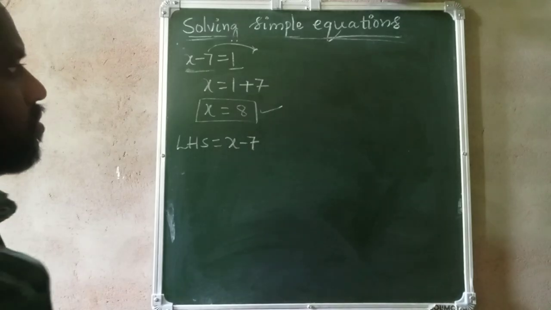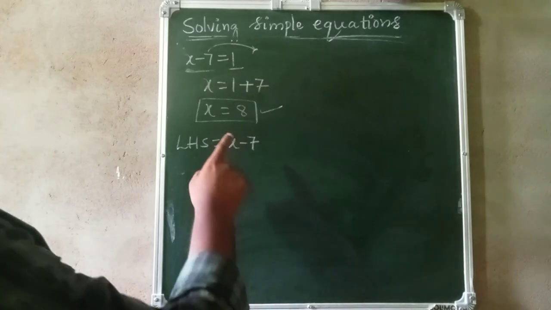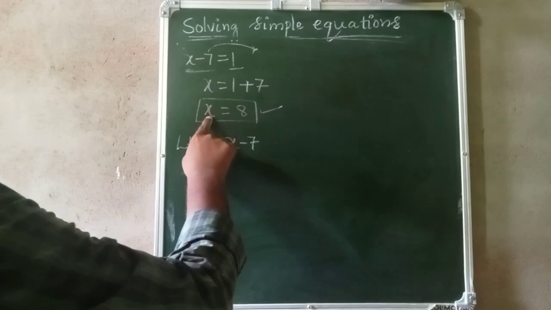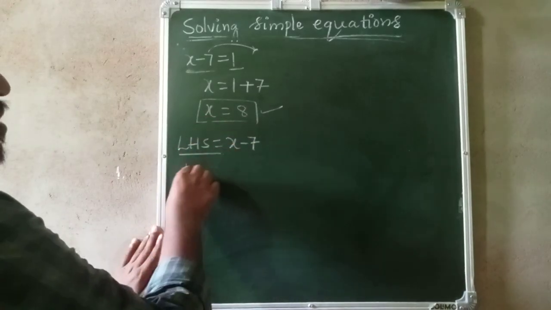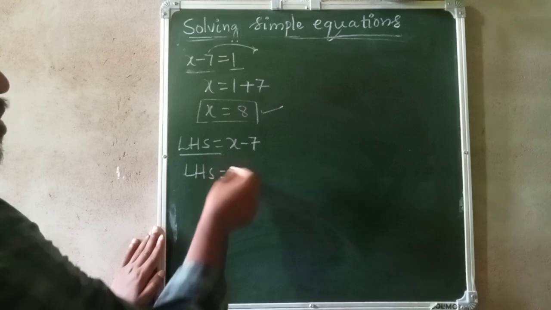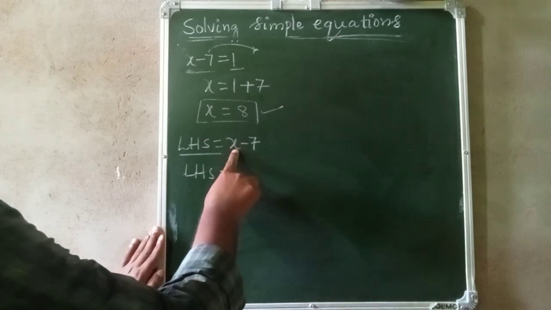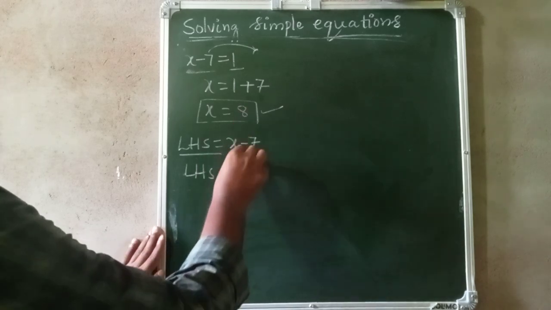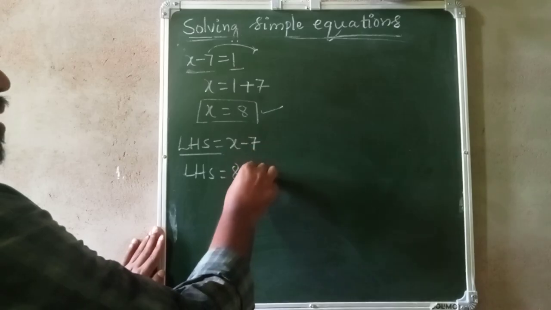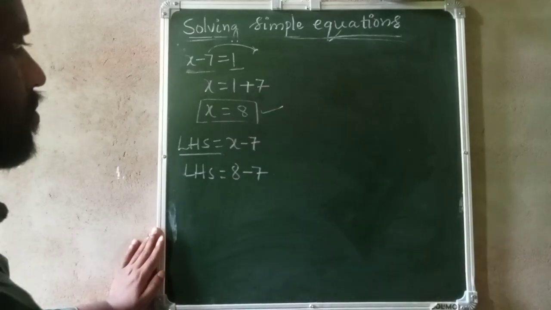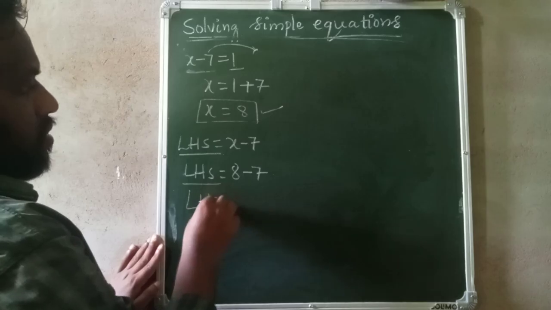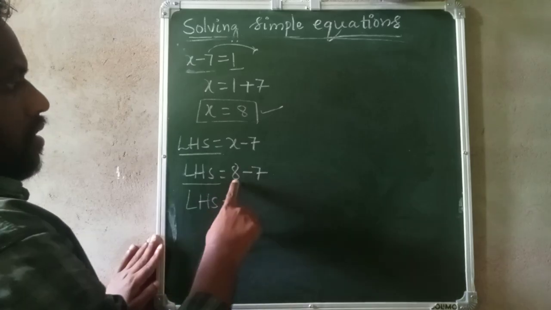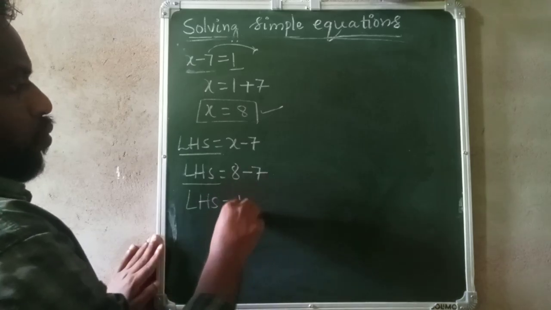Now LHS is equal to x minus 7. Next step, we have to substitute the value of x. So x is equal to 8. Before that, write LHS is equal to, in place of x, write 8, next to it minus 7. So next step, LHS is equal to 8 minus 7, which is 1.